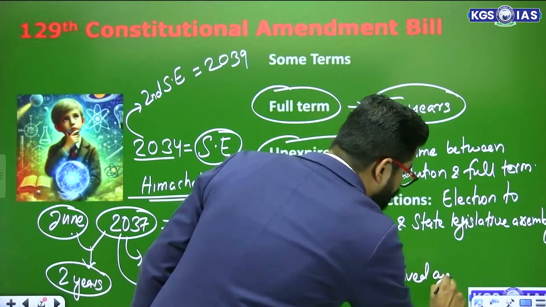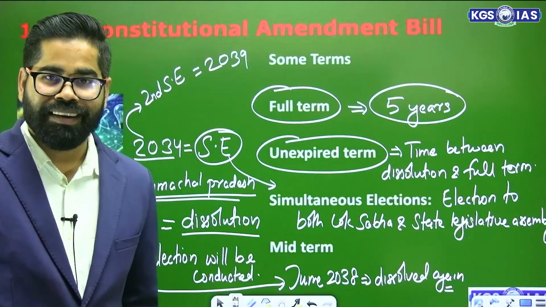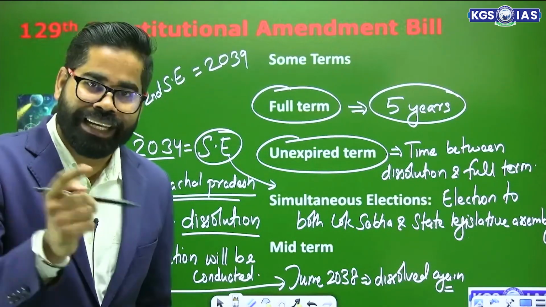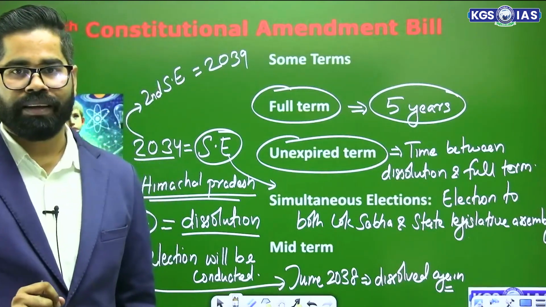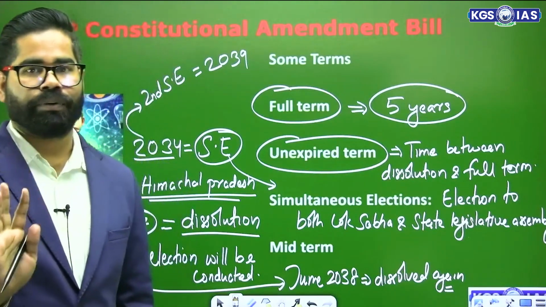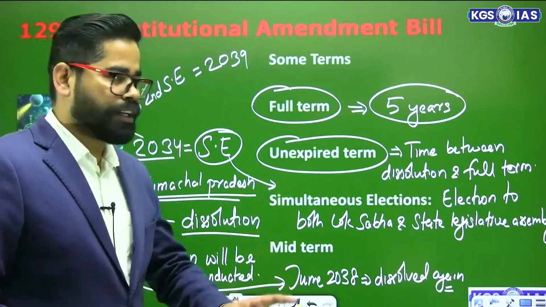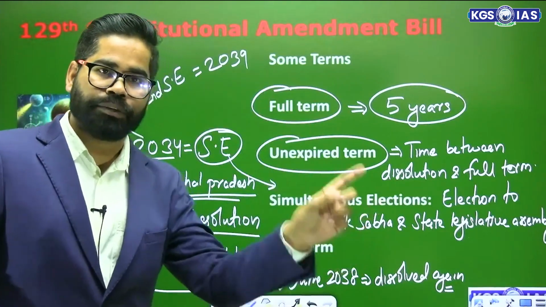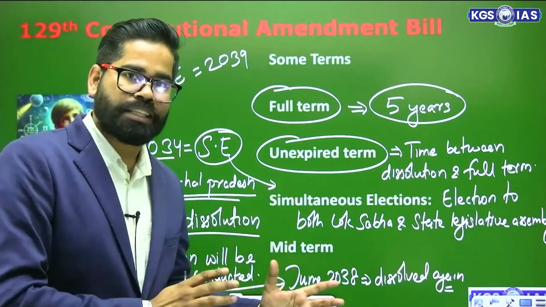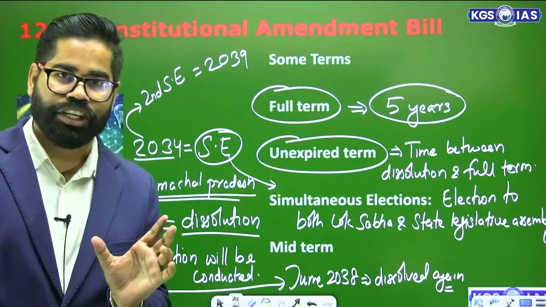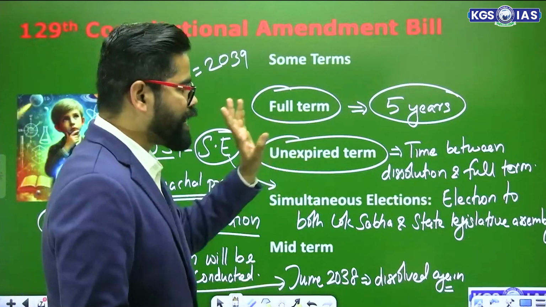Then again there will be an election, and that House will have a tenure of 1 year only. So this unexpired term has now been fixed: 2034 to 2039, 2039 to 2044. It will work in this manner. If there is any other election, it will be for the unexpired term. So that is one thing which has been defined.